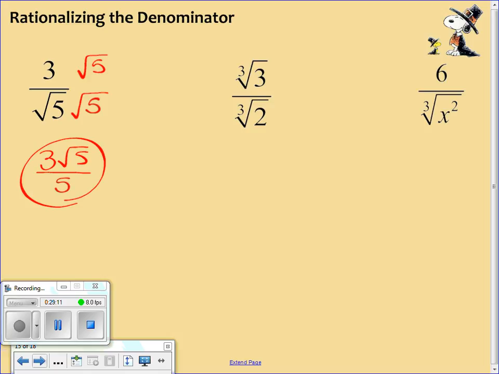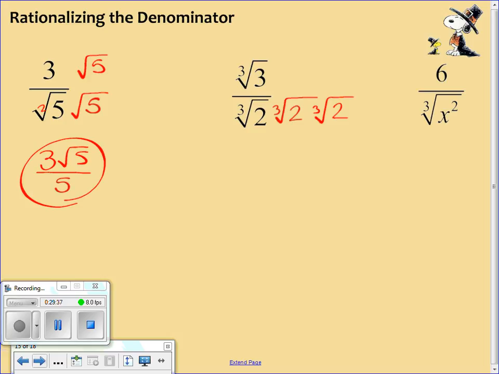Now this one, what's the index on this? 2. So how many do you see? 2. I need 3 of them. The bottom's going to be a 2. Just like when you did your factor trees, you needed groups of 3 for cubed roots.